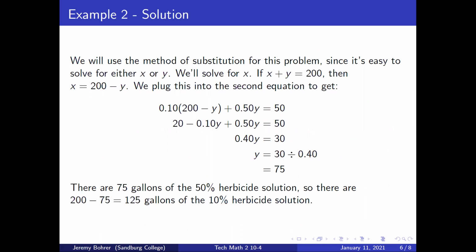That means that 20 minus 0.10Y plus 0.50Y is 50. 0.40y is 30, and y is 30 divided by 0.40, which is 75. There are 75 gallons of the 50% herbicide solution, so there are 200 minus 75, which is 125 gallons of the 10% herbicide solution.